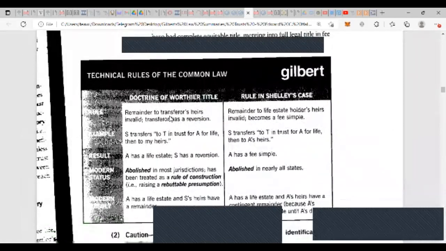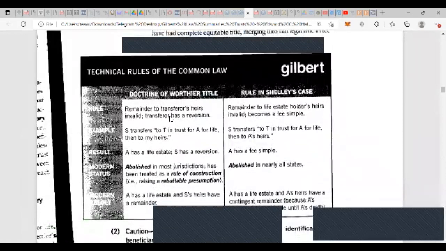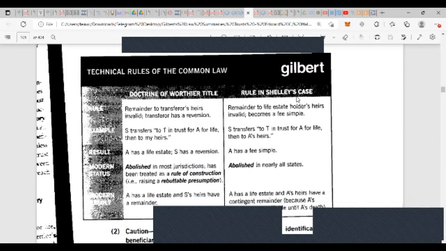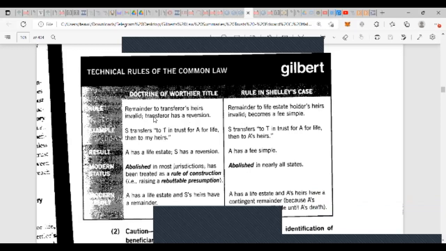Technical rules of common law, doctrine of worthier title. So you have this table going over the doctrine of worthier title, and on this side, it talks about the rule in Shelley's case. It says remainder to transferor's heirs invalid. Transferor has a reversion.